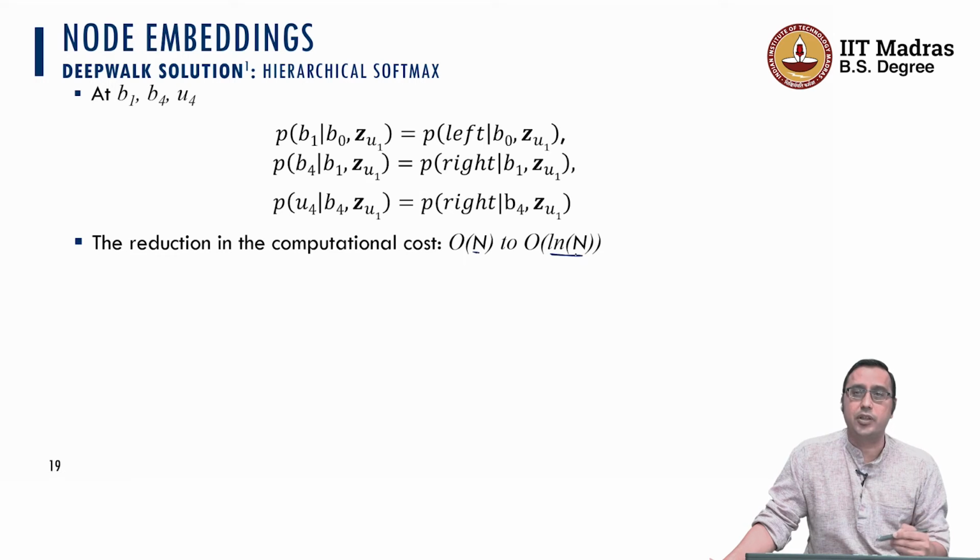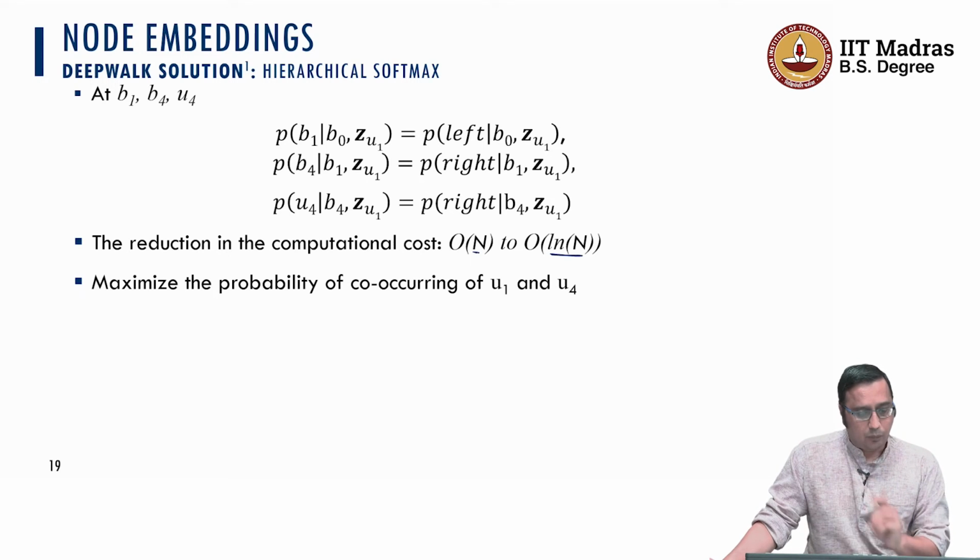So it reduces the computational cost while we ensure that we have found a probability of U4 being in neighbor given U1. What we are interested in is maximizing probability of co-occurrence of U1 and U4.